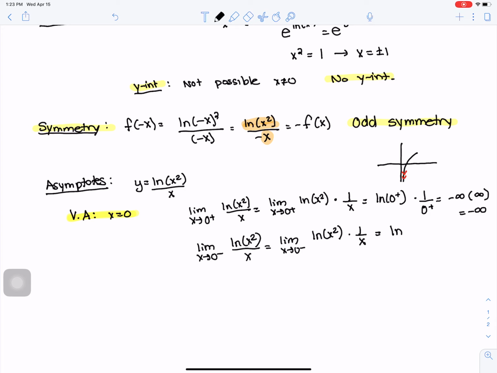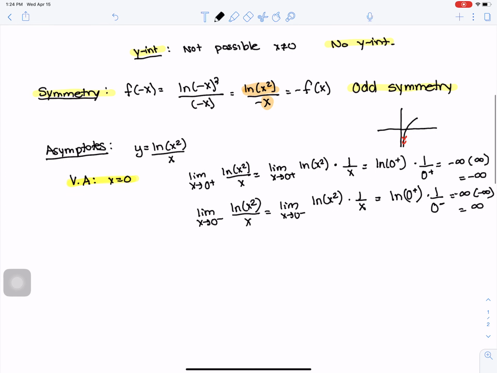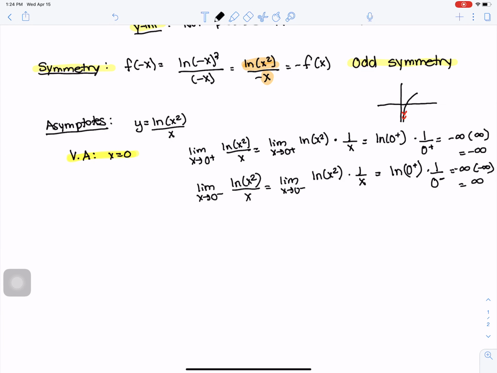Try the derivative of the top, derivative of the bottom. I sub in 0 from the left, I square it, I get ln of 0 plus again, times 1 over 0 minus, which is minus infinity times minus infinity, which will give me a plus infinity. So it's confirming that x equals 0 is a vertical asymptote.